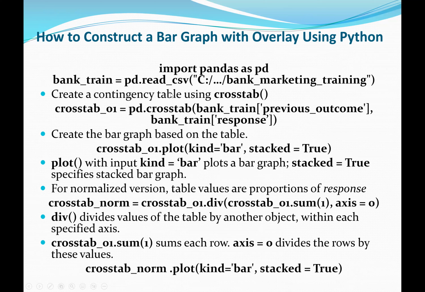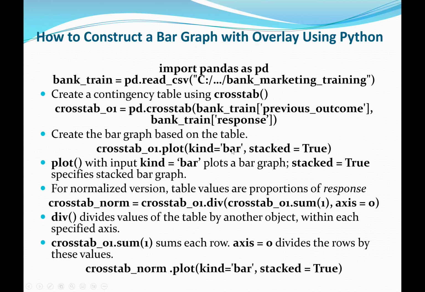Now, when we create a contingency table using the crosstab function, we store the contingency table in a variable named crosstab_01. So to create the bar graph, we use crosstab_01.plot. So crosstab_01 is our object, and we are plotting a bar graph.